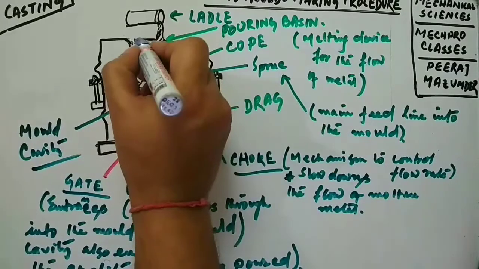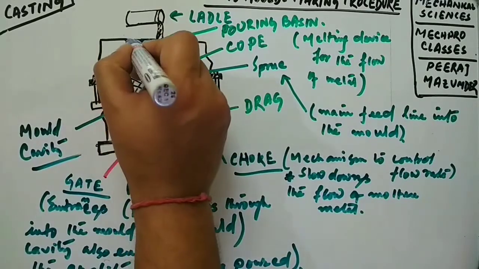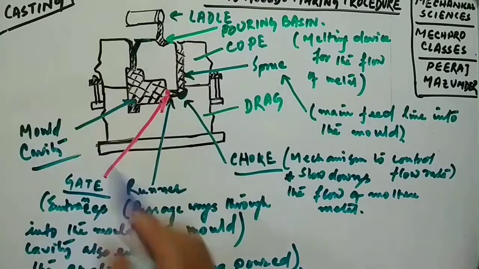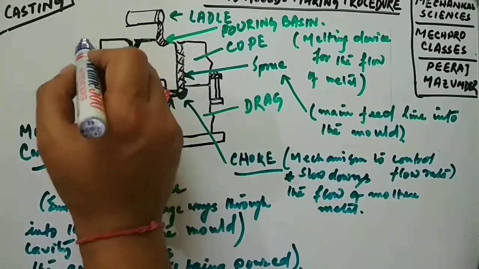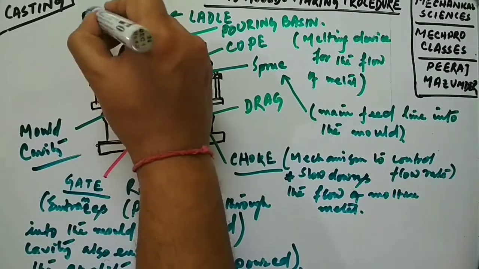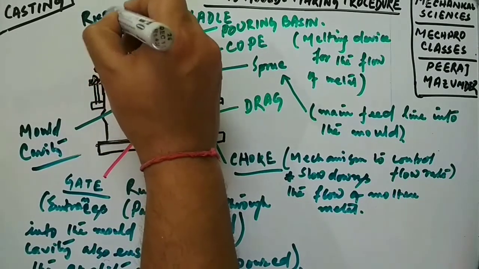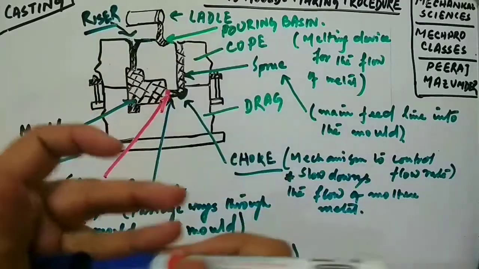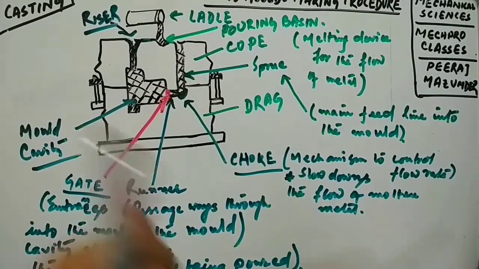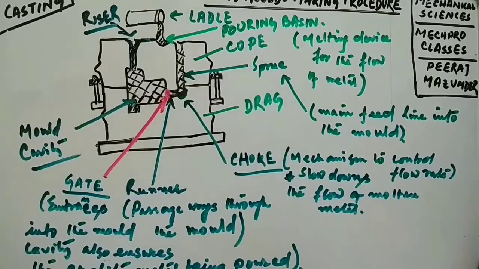Why is there an opening? I earlier told you in the previous video, this opening is known as the riser. You already know what is the function of the riser. Previously I told you that the riser has two functions. First function is that it acts as an indicator.